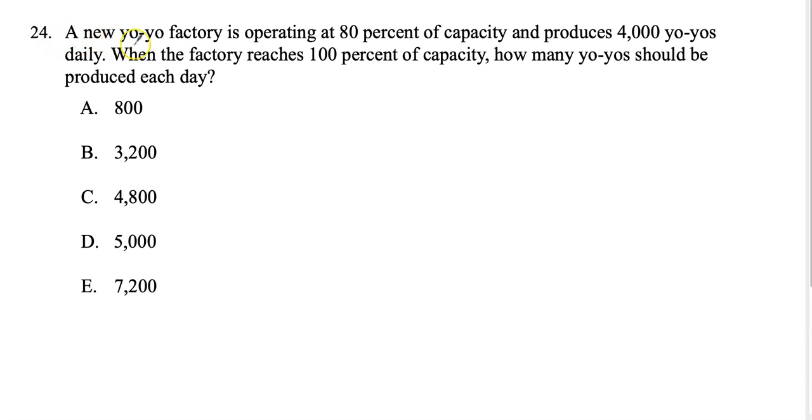Question 24. A new yo-yo factory is operating at 80% of capacity and produces, not 40,000, but 4,000 yo-yos daily. When the factory reaches 100% capacity, how many yo-yos should be produced each day? So my answer choices represent the number of yo-yos produced if the factory is at 100% capacity.